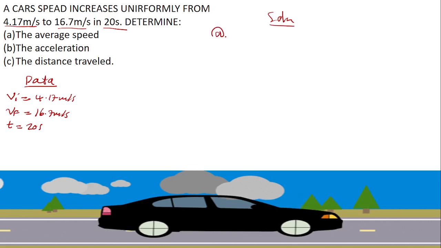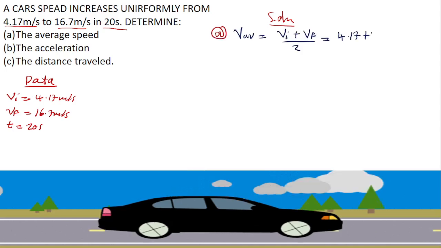So for the average velocity, it's something that can easily be found. Average velocity, V average, is simply equal to V initial plus V final over 2. Then you can simply say 4.17 plus 16.7 over 2.